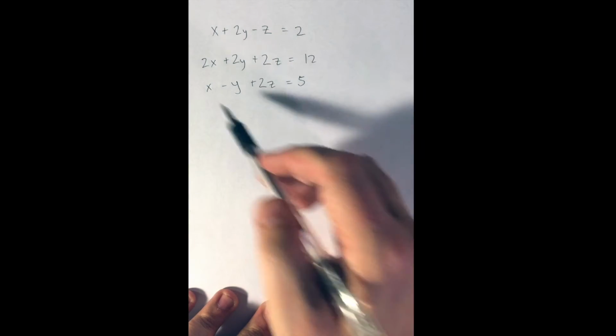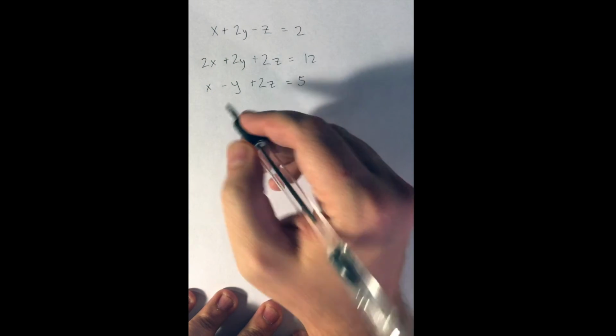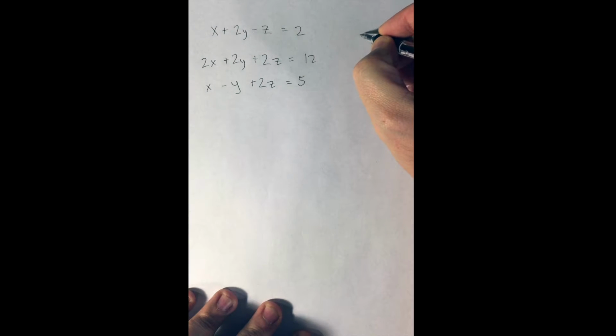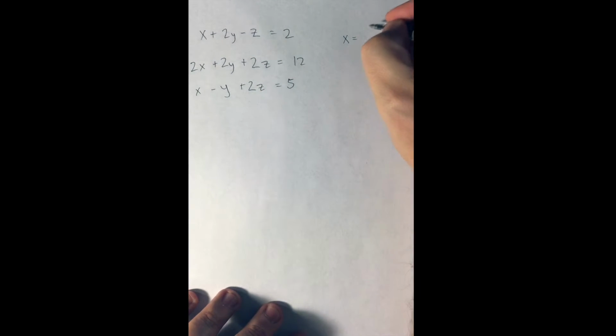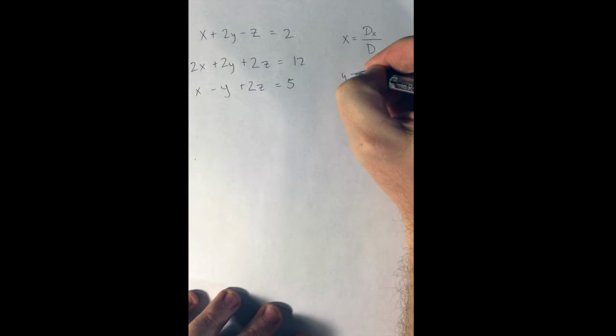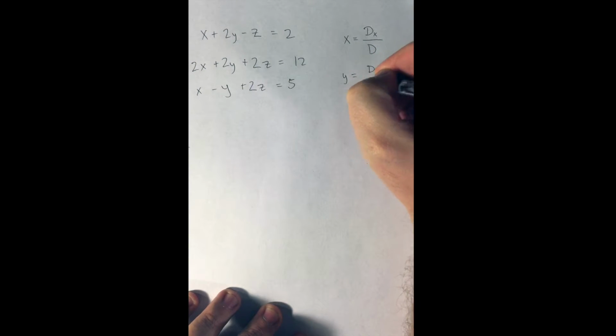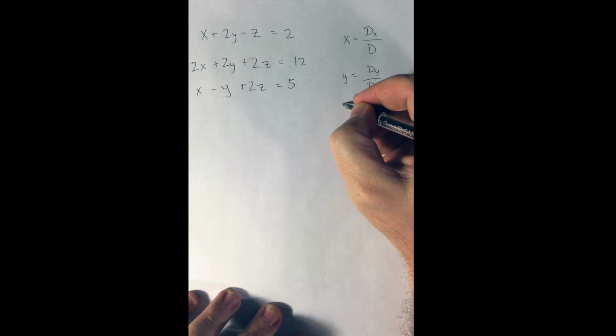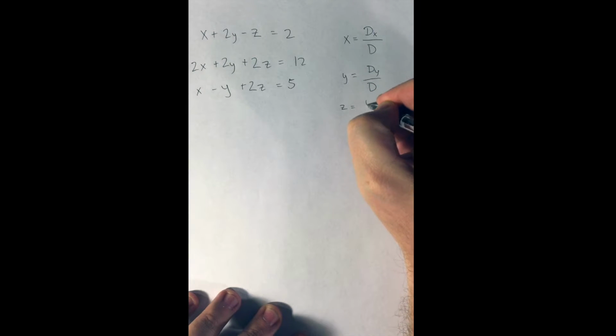Cramer's rule says that the x value of the coordinate that's going to solve this system is Dx over D. The y value is going to be Dy over D, and in this case, this third variable, z, is equal to Dz over D.